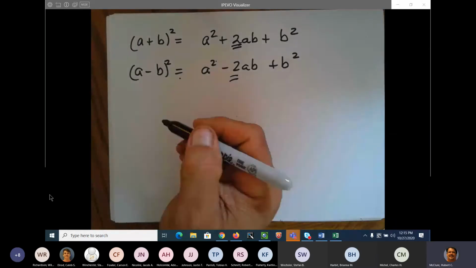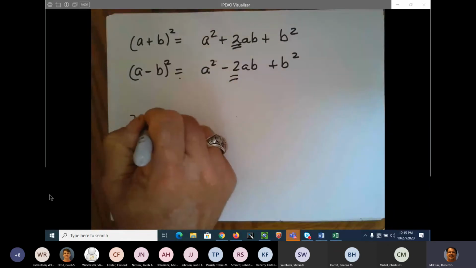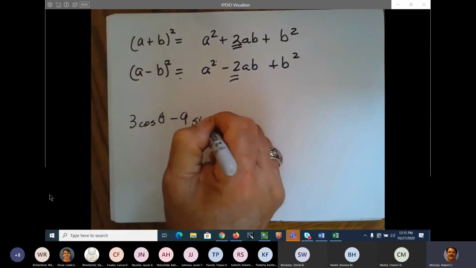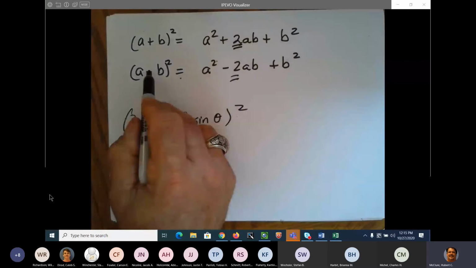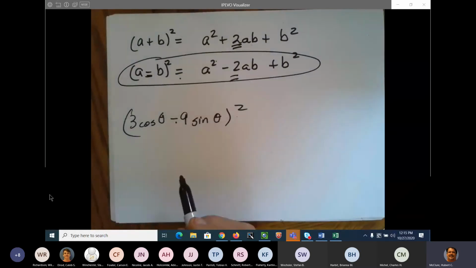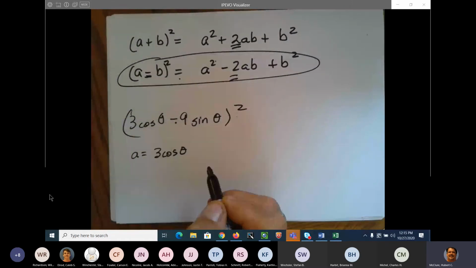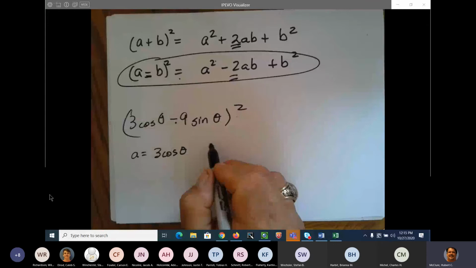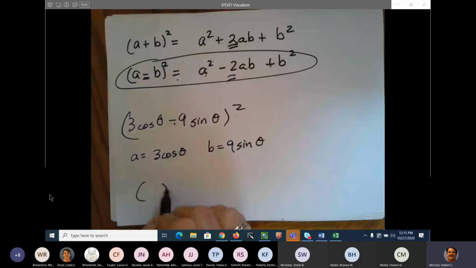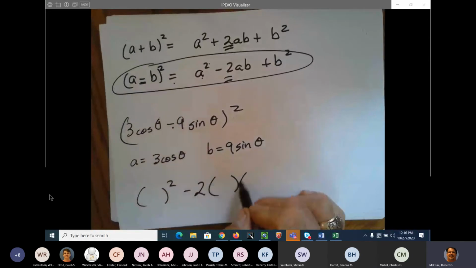Okay, I'll go through it one time, because y'all should know this. 3 cosine theta minus 9 sine theta quantity squared. This is shortcut number 2 because it has a minus sign. A is equal to 3 cosine theta. B is equal to 9 sine theta. Plug and chug. Parentheses squared minus 2 times parentheses plus parentheses squared.